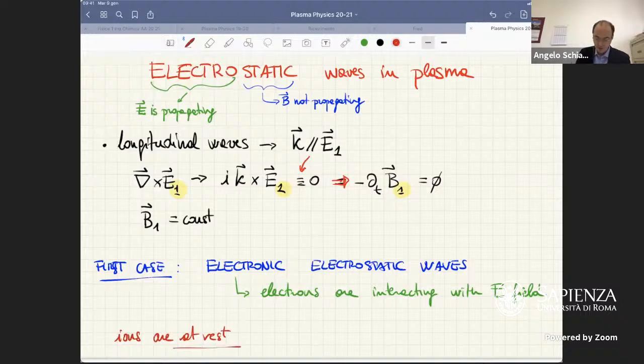This is because the mass of the ion is much larger than the mass of the electron. So what we are going to describe, the electronic electrostatic wave, is a fast oscillation with respect to ions motion. So we can neglect the fact that the ions are moving at the same time.